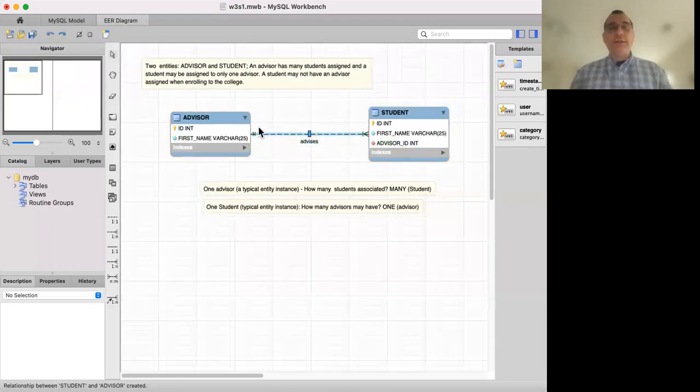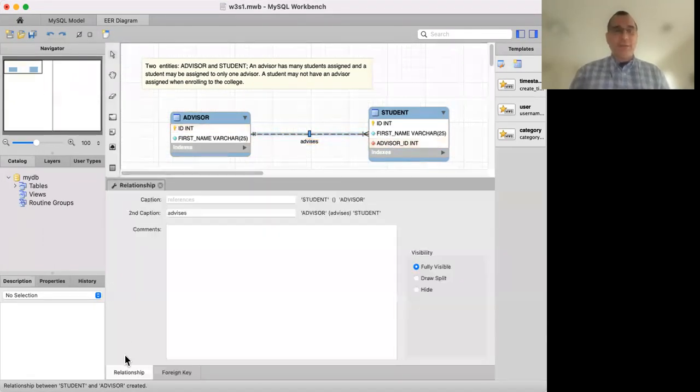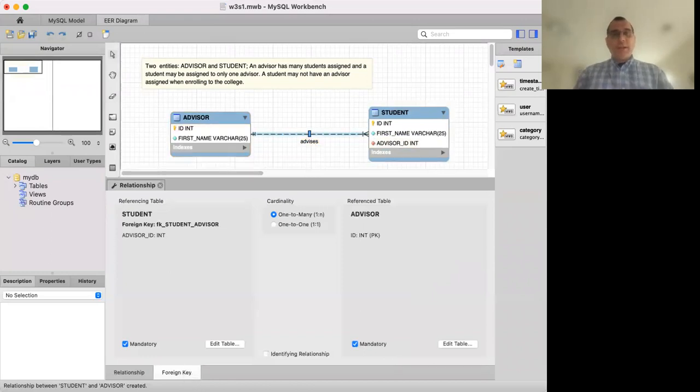So here I may not have a corresponding advisor, which means I need to make it optional for the advisor. So a student may not have an advisor, so the advisor will need to be optional. And how do we do that? We go to the foreign key part, and we have the option to mark if the student or advisor is mandatory. Now both of them are mandatory.